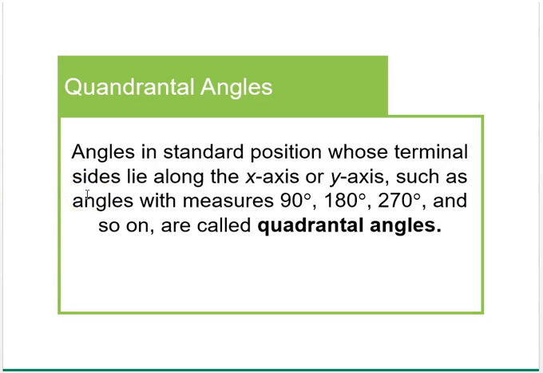Now, quadrantal angles, we will look at those further a little later on, but this is what a quadrantal angle is. When we're looking at the XY coordinate system and drawing angles on it, all of the quadrantal angles are going to lie along the X and or the Y axis.